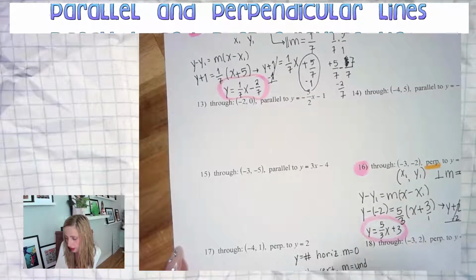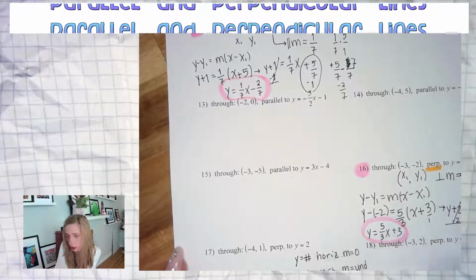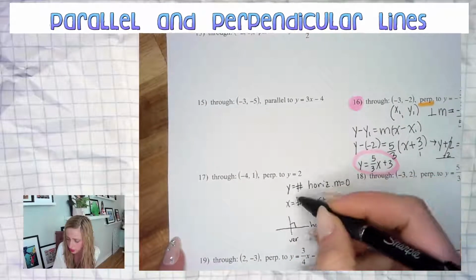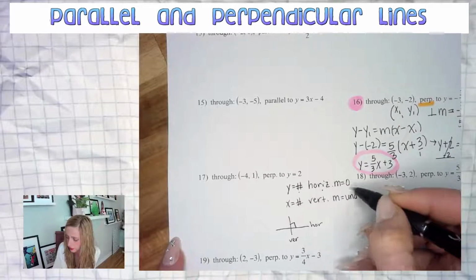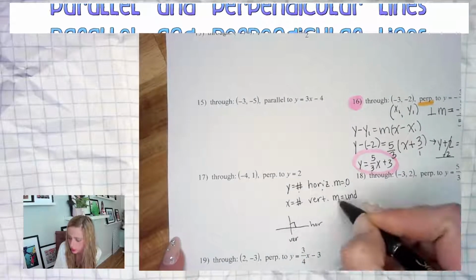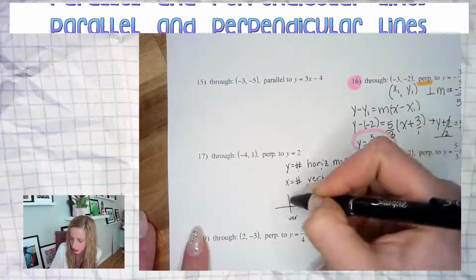And don't forget, a horizontal line and a vertical line are perpendicular. I'm sorry, I was writing down there. Y equals a number is a horizontal line. The slope of it is 0. X equals a number is a vertical line. The slope of it is undefined. A horizontal line looks like this, and a vertical line looks like that.